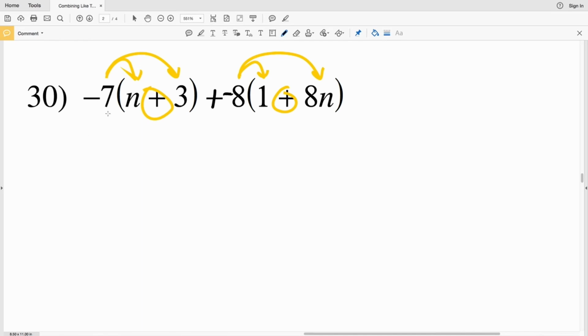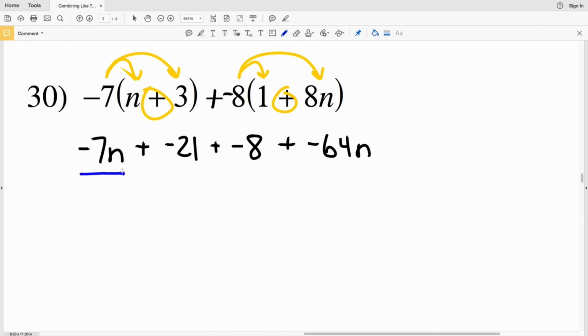So negative 7 times n, negative 7n, plus negative 7 times 3, a negative 21. We're adding that to negative 8 times 1, which is a negative 8, plus negative 8 times 8n is a negative 64n.